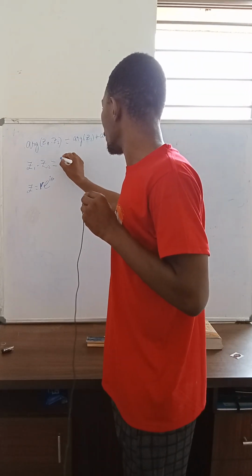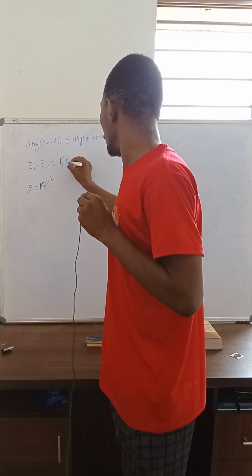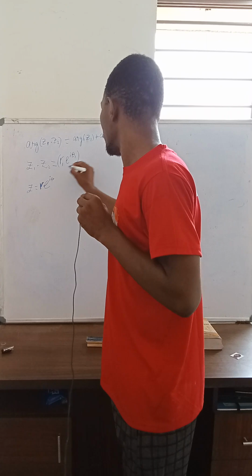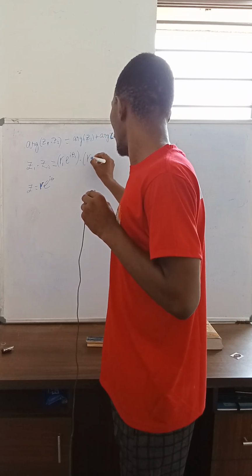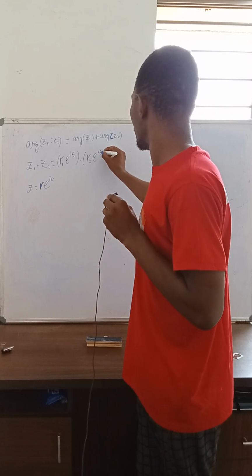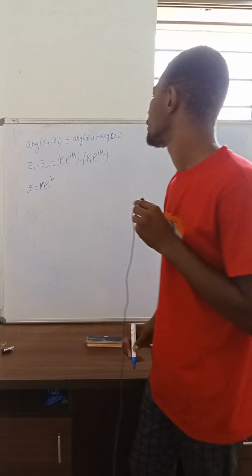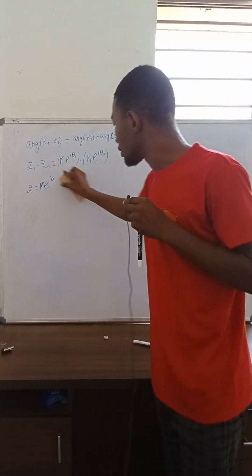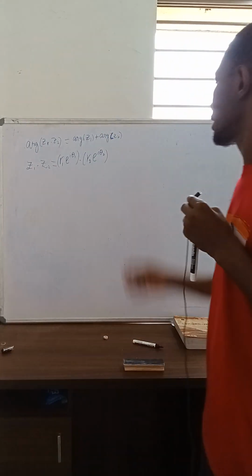What you're going to have is r1 Euler raised to i theta 1 times r2 Euler raised to i theta 2. That's what you have. Right?